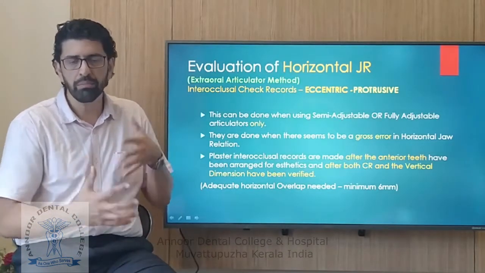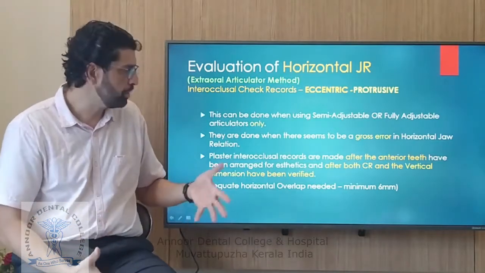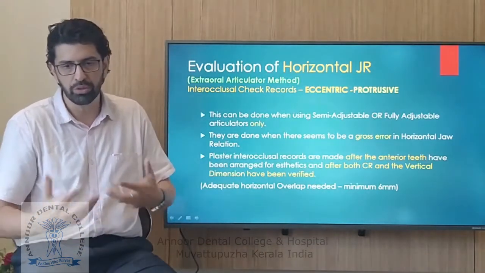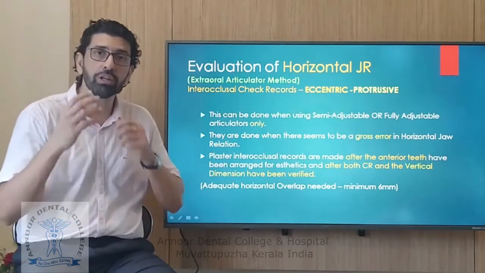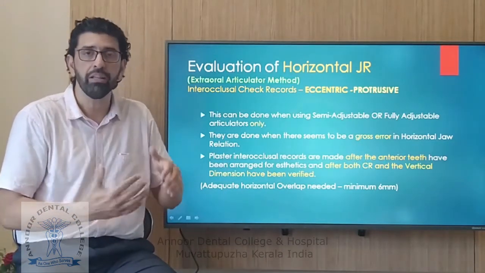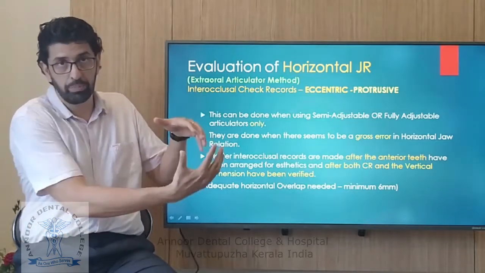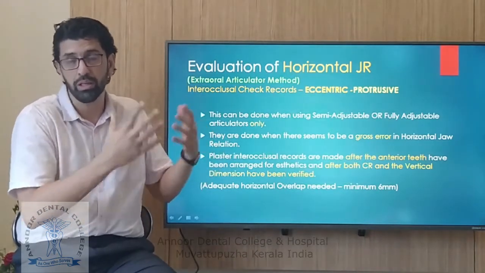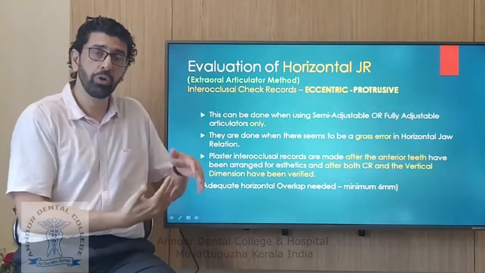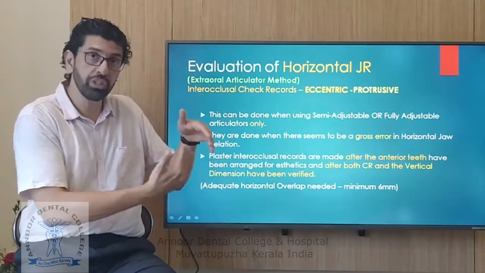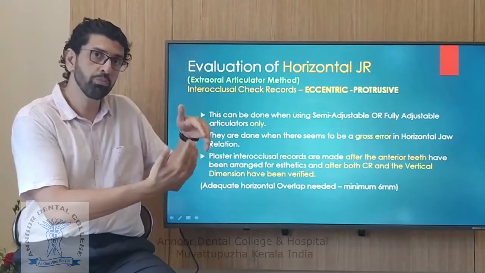So this minimum is a requirement because most of our instruments have mechanical limitations. You need to have at least that much space for material to actually flow in and get a good record. So in these cases, make sure you ask the patient to move a little more. So you check, evaluate how many millimeters it is moving approximately.